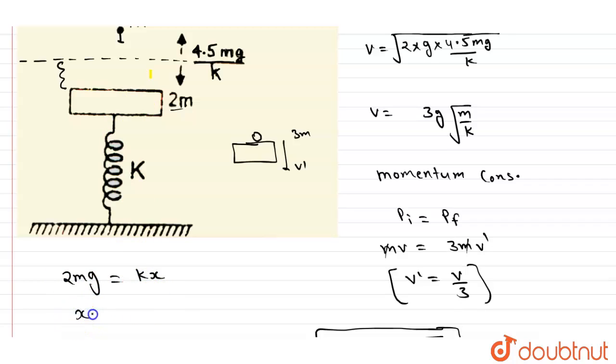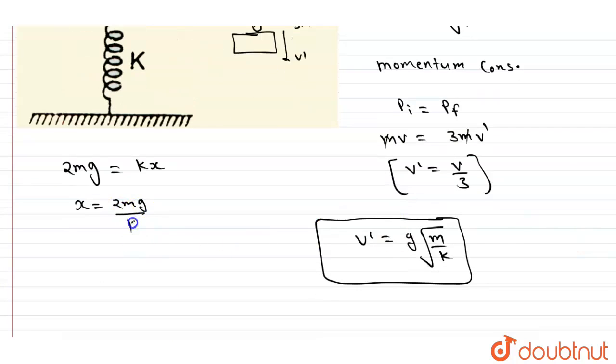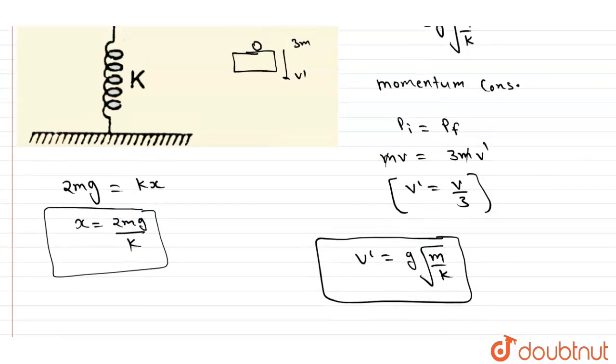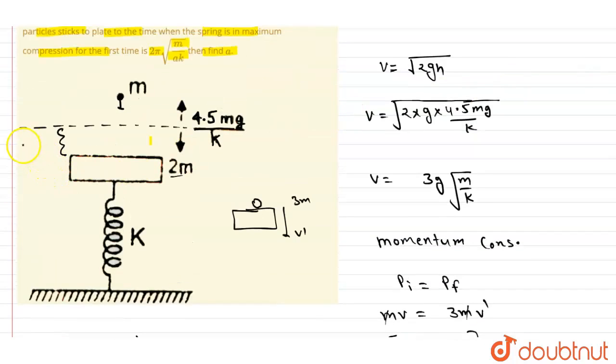Here the x will be 2 mg divided by k. This is the displacement for the equilibrium position, 2 mg over k.